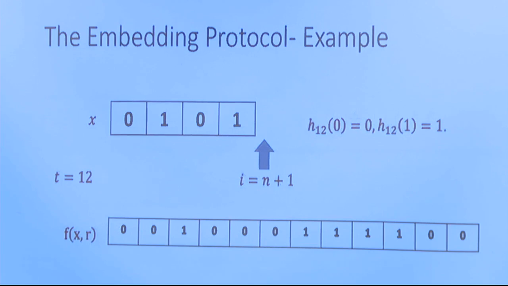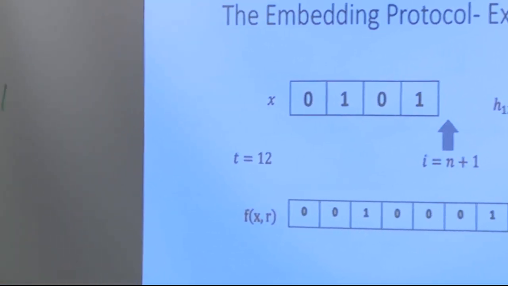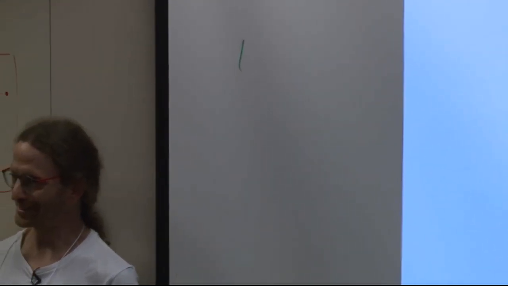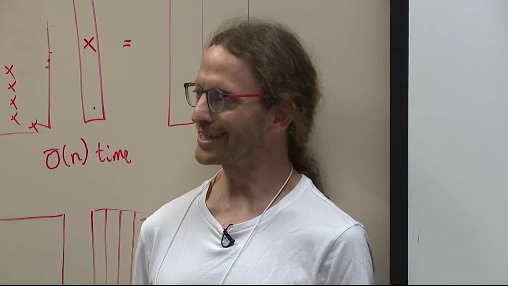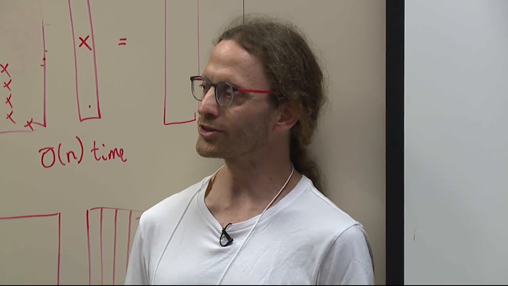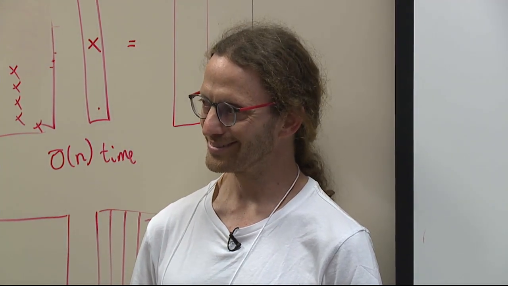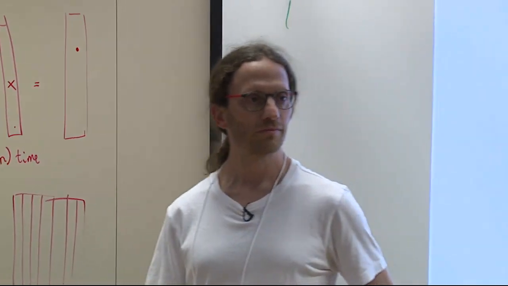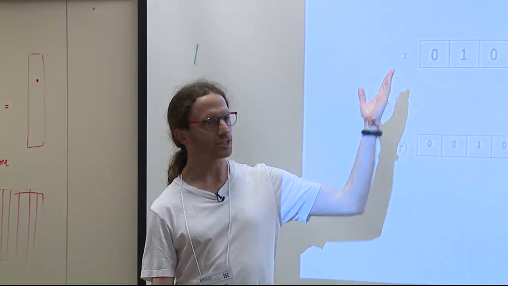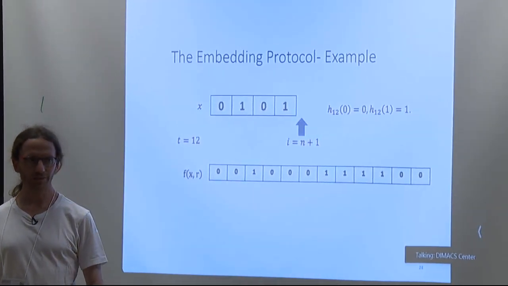I think what you have in mind is a deterministic embedding, but it is not deterministic. For each pair of a string and a random string, you get a different embedding. And if your string finishes, then you just pad it with zeros, a default value. Okay?